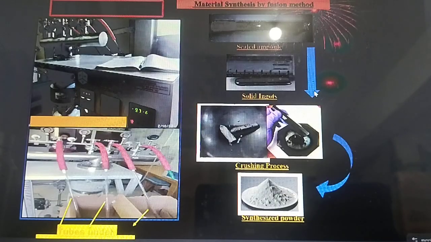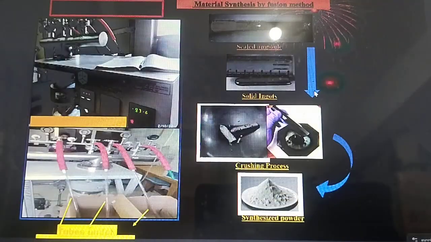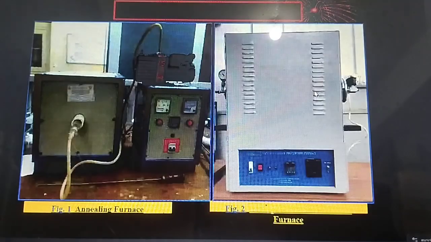And these are the facilities available in our lab. We have a vacuum tube sealing setup. You can seal, you can fuse, you can make the material and then make a powder of it, then deposit in the form of thin films. We have atomic layer deposition, we have thermal and flash evaporation setup.